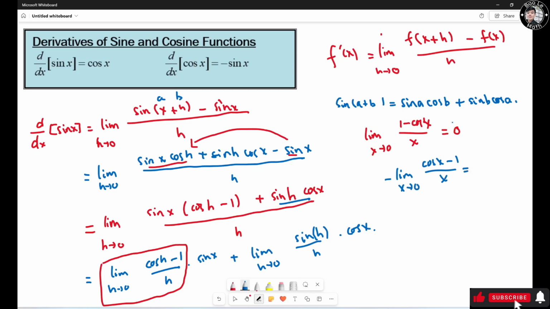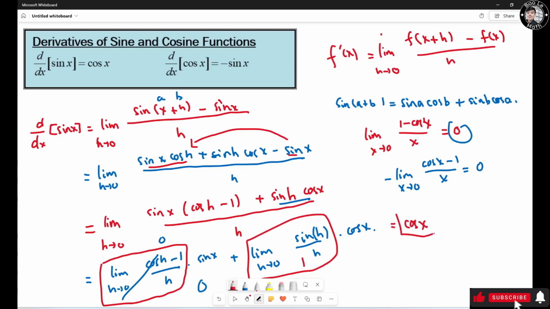This is actually 0, so negative 0 is 0. So this one equals 0, and 0 times sin s equals 0. Now this one right here we learned before is actually 1, so the final answer must be cosine s times 1 equals cosine s.